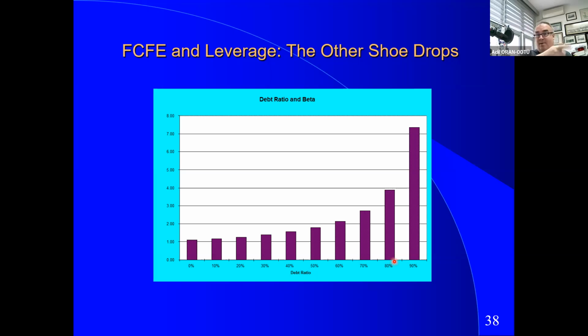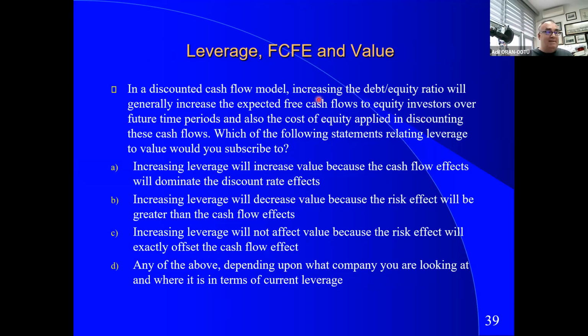Remember the beta: it increases the beta of the company, the levered beta, and as a result the discount rate also goes up directly with this. So whether the value of the equity of the company actually goes up or down depends on which of these dominates. And that brings us to our last slide.